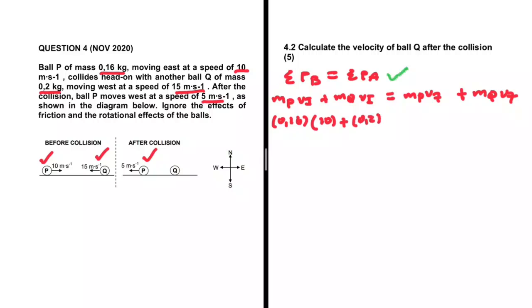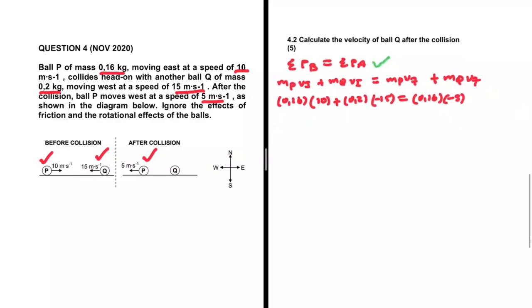Its initial velocity is 15 meters per second to the west. So we're going to substitute it with a minus sign because it is to the west and we are taking direction to the east as positive. The mass of ball P, that is 0.16, and its final velocity is 5 meters per second to the west. So minus sign, minus 5.